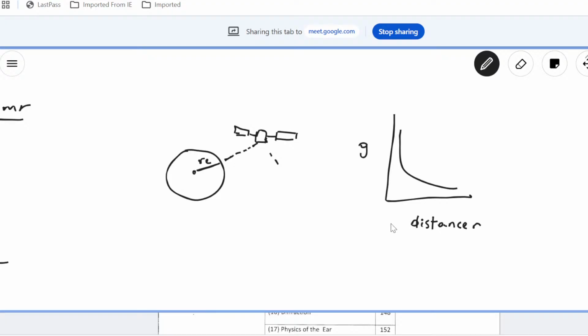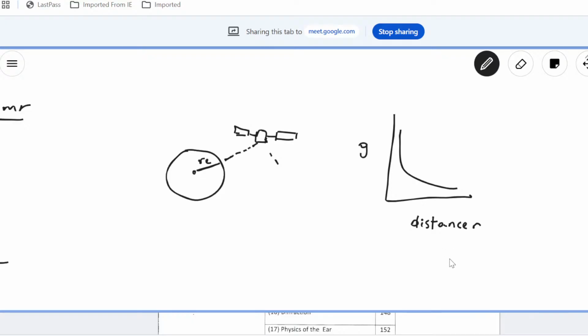Just so in your explanation, just to say that the gravitational field strength is inversely proportional to the square of the distance.